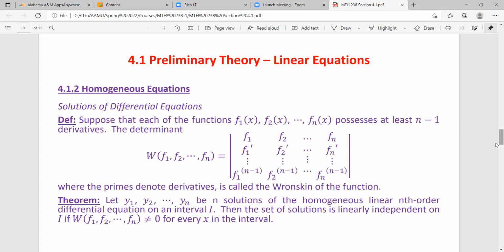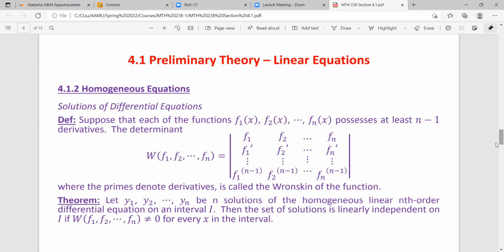Okay, so you just compute this determinant, and you're going to get another function. Okay, we call this function Wronskian.